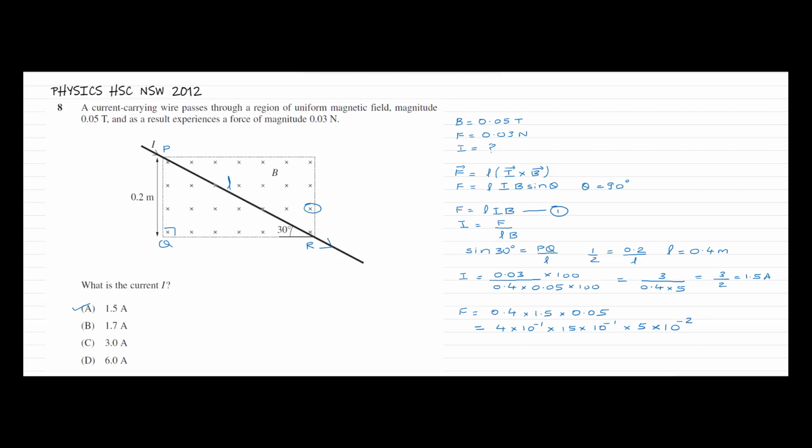This is 4 times 15 is 60, and 60 into 5 will be 300 multiplied by 10 to the power of, this is minus 1, so minus 2 minus 4, and this will be equal to 0.03 Newton.